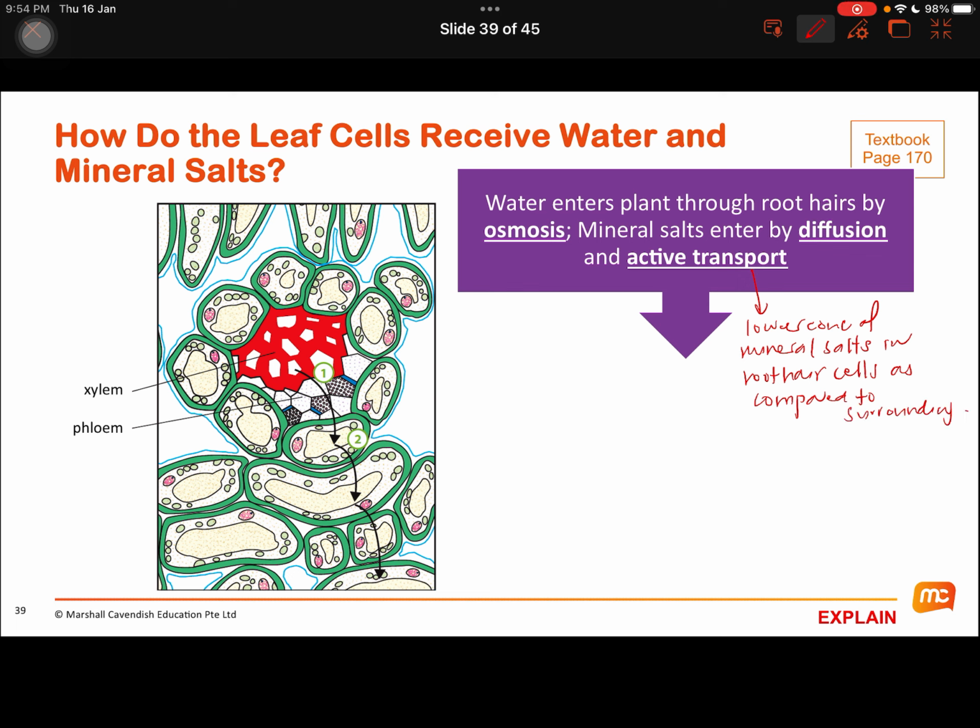So as mineral salt is needed for the plant's growth and survival and development, when there is little mineral salt inside the root hair, it can undergo active transport, where it uses energy to bring the mineral salt from a lower concentration to a higher concentration.